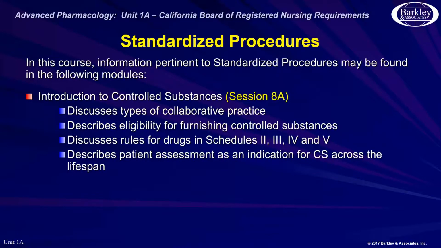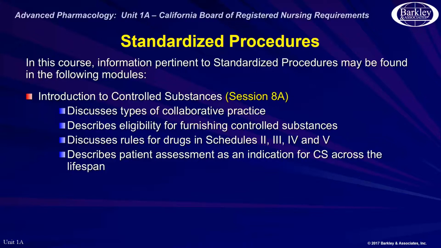Additional information on standardized procedures may be found as you look for controlled substances information, again, in that introductory module. Session 8A discusses types of collaborative practice, discusses eligibility for furnishing controlled substances, discusses rules for drugs in Schedules 2, 3, 4, and 5, the controlled substances, describes patient assessment as an indication for controlled substances across the lifespan.